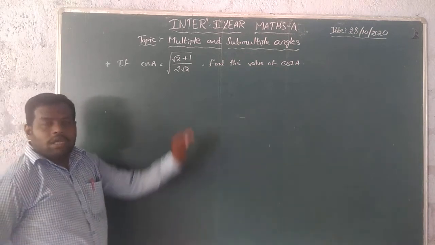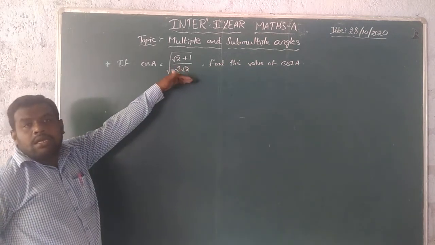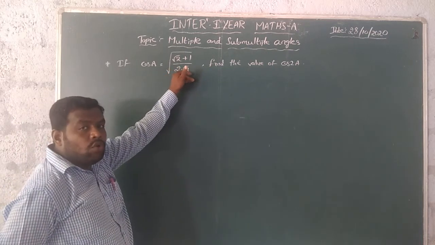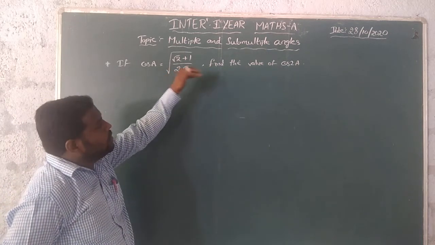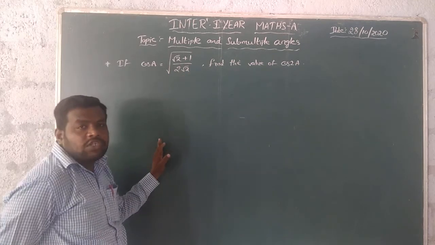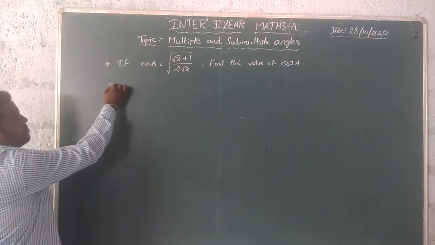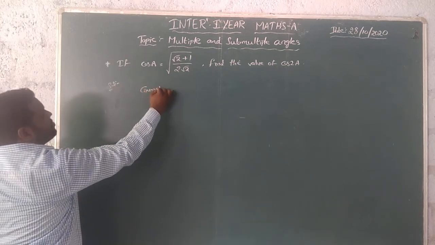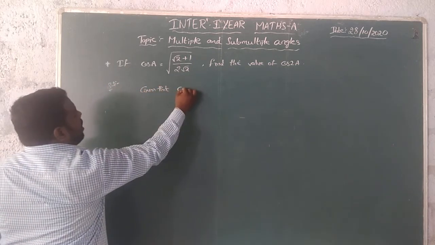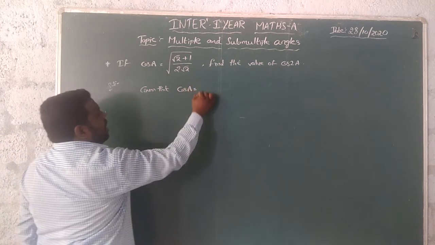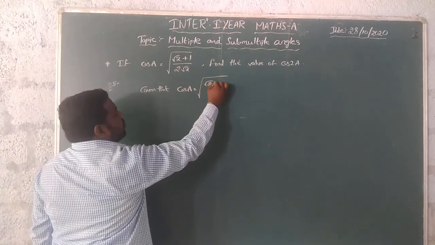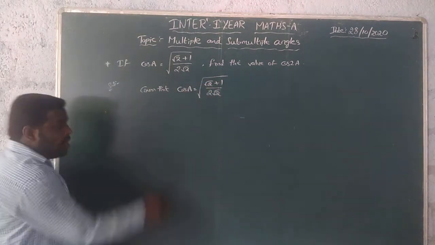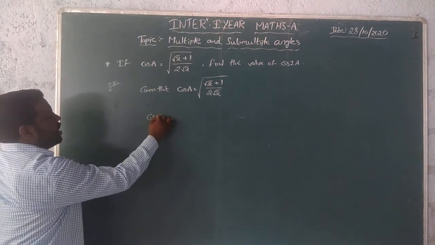Okay students, here what is the given value? Given that cos A is equal to square root of (root 2 plus 1) by 2 root 2, then find the value of cos 2A. So first of all, given that cos A is equal to under root of (root 2 plus 1) by 2 root 2, we can find the value of cos 2A.